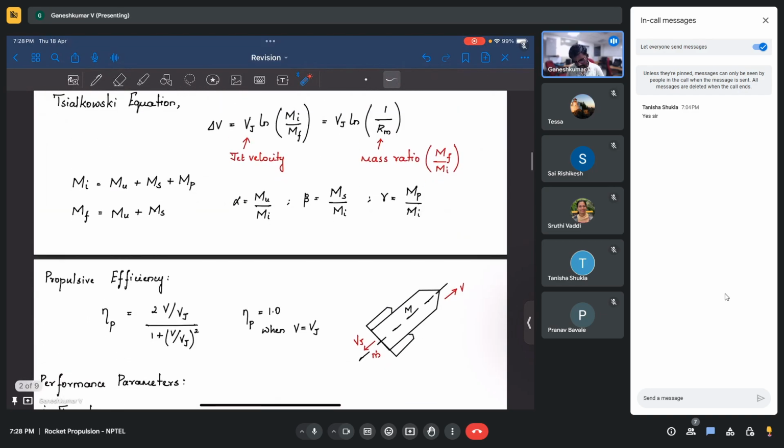And then you can use this to find out, let's say if I want to put a useful payload mass of this much, then this ms can be written in terms of beta, which also comes with the technology basically. At the current technology point, probably it is around 0.03.